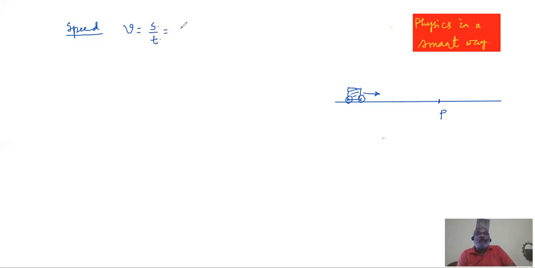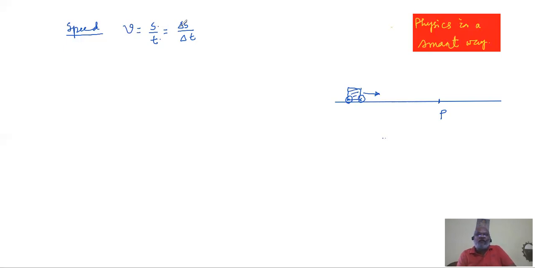Now at the 11th level, we may make a small modification, that is delta s by delta t. Here s and delta s mean the same thing. But when you are measuring s, the speed of a body, you are forced to keep the body at s equal to 0, your 0 mark.